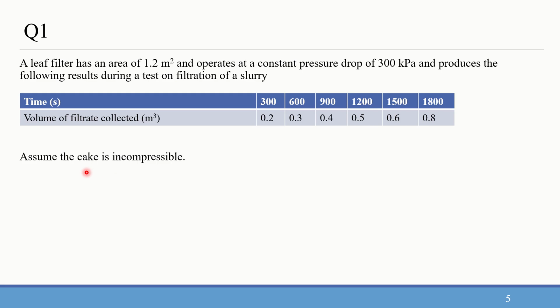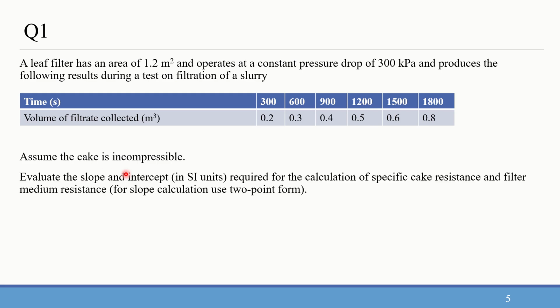And we are asked to assume the cake is incompressible. Evaluate the slope and intercept required for the calculation of specific cake resistance and filter medium resistance. For slope calculation, use the 2-point formula.